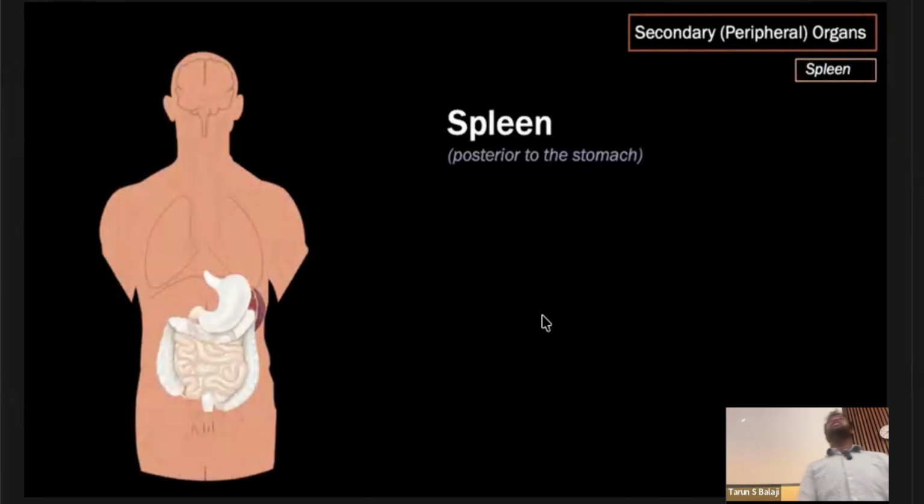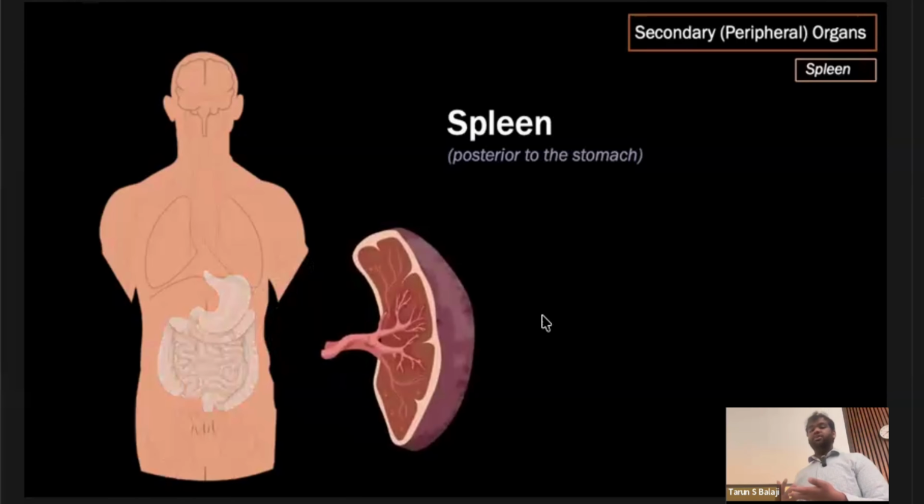You've also got secondary lymphatic organs, your peripheral organs. Now, one major large organ over here, it's the spleen. Your spleen is a reddish brown structure. You're gonna find this posteriorly to your stomach.